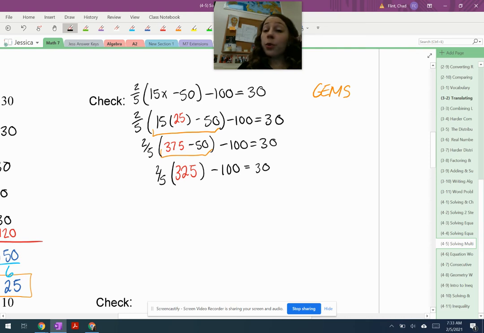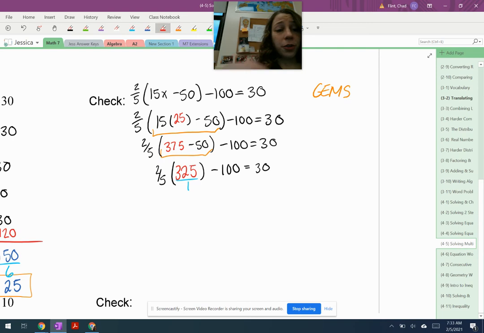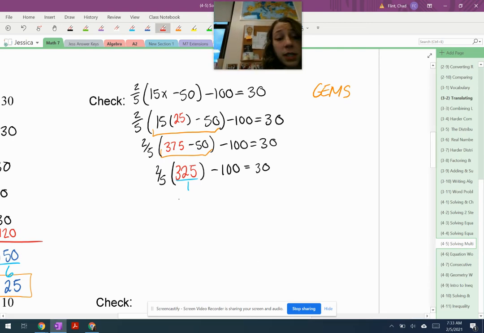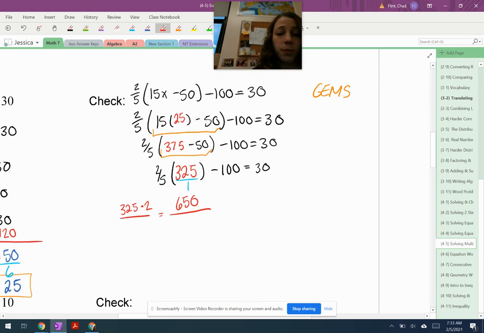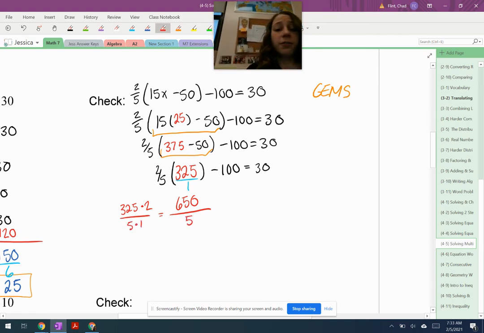Notice how I kept the 325 in parentheses still. That's important because I need to multiply that 2/5 by the 325 before I can do any subtraction. Multiplication comes first. So 325 times 2 for my numerators gives me 650, and then 5 times 1 on the bottom gives me 5.